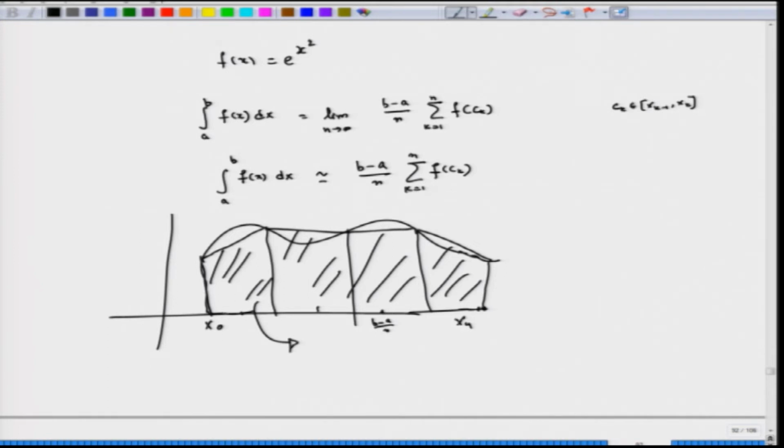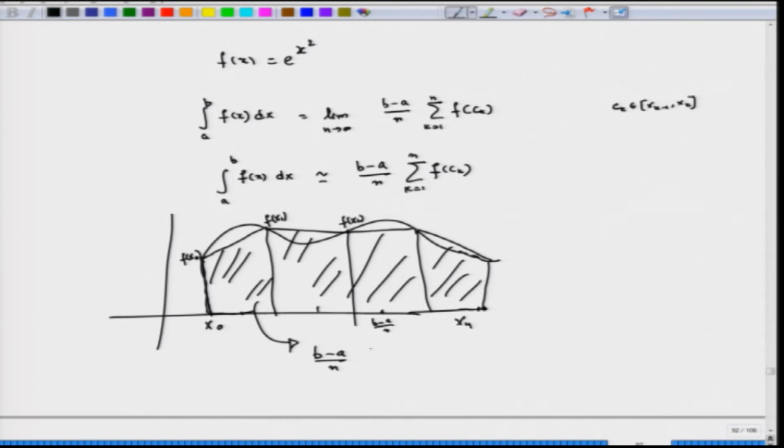The area is the height times half of the sum of the parallel sides. The height is (b minus a) by n, because each of these is (b minus a) by n. The parallel sides are f of x naught, f of x 1, f of x 2, and so on.